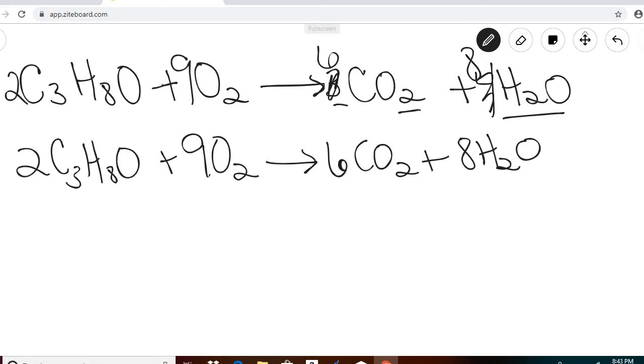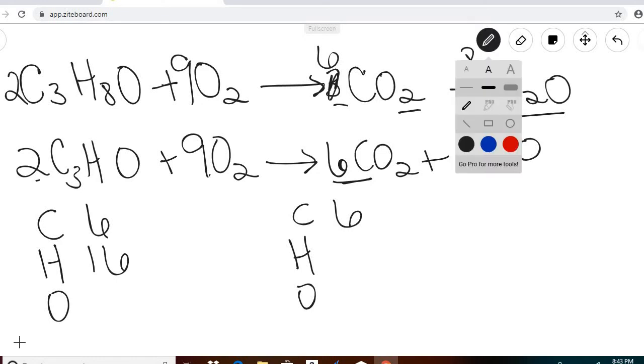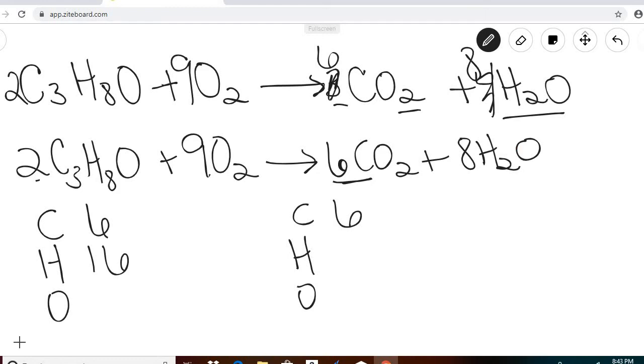So now if we look at our carbons, hydrogens and oxygens on each side. So over here we have 6 carbons and we have 6 carbons. We have 2 times 8, which is 16 hydrogens. 8 goes up here.